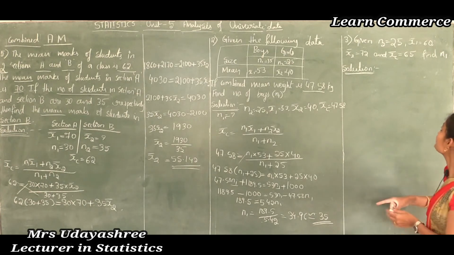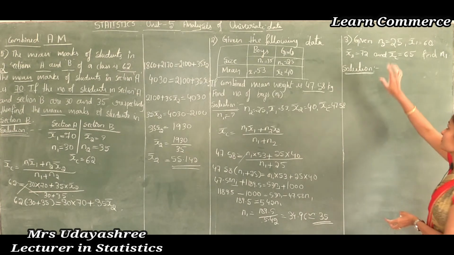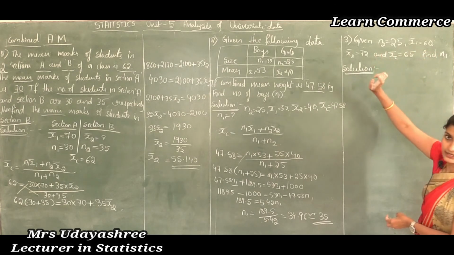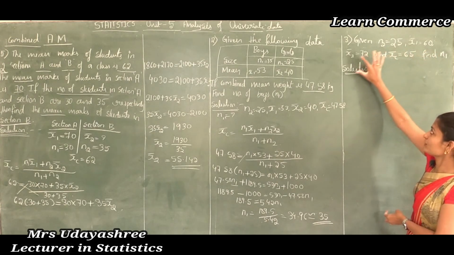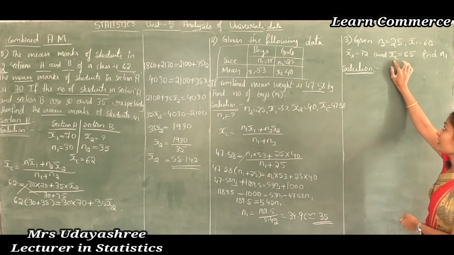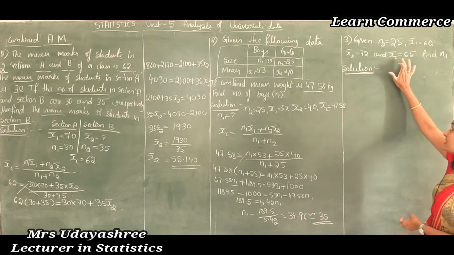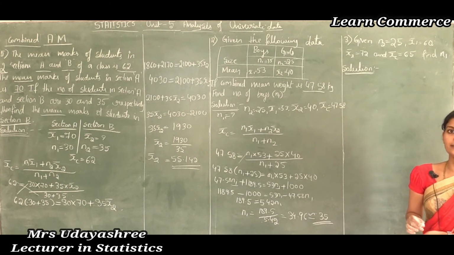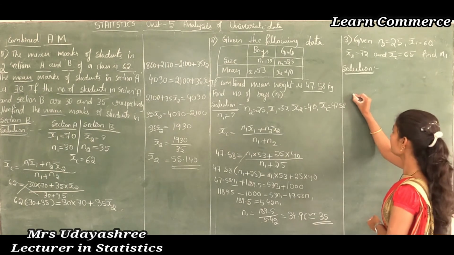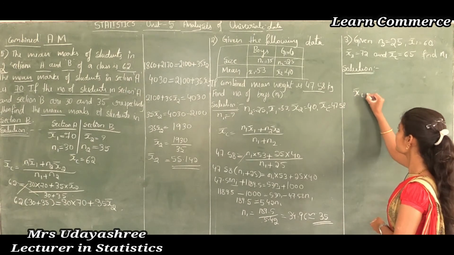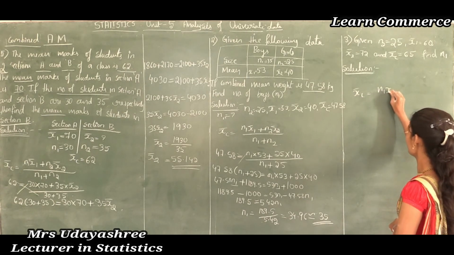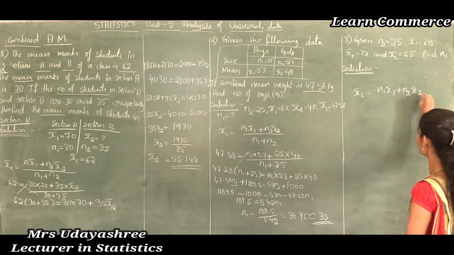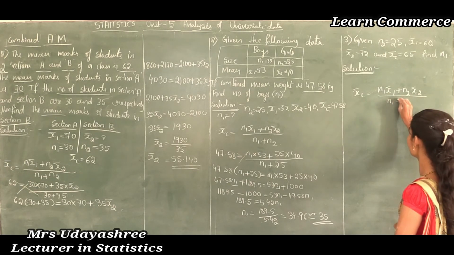Here two sets of observations are given, one set is N1 and x bar 1, another set is N2 and x bar 2, and the combined arithmetic mean value is given. So we need to use the combined arithmetic mean formula: x bar C is equal to N1 x bar 1 plus N2 x bar 2 divided by N1 plus N2.